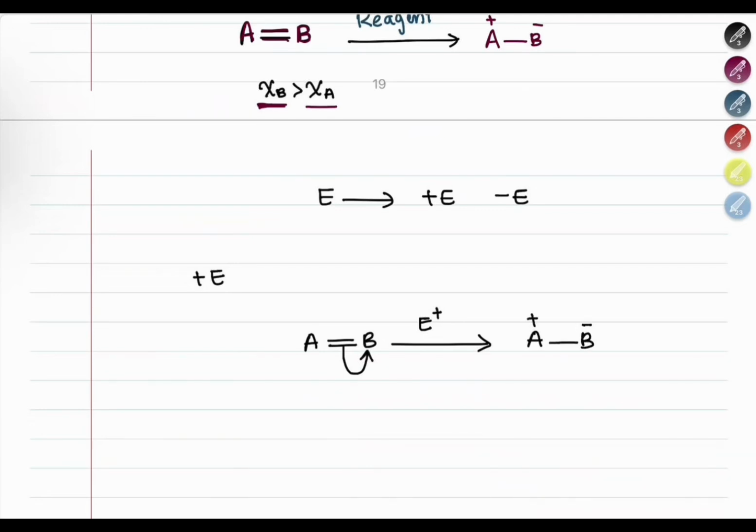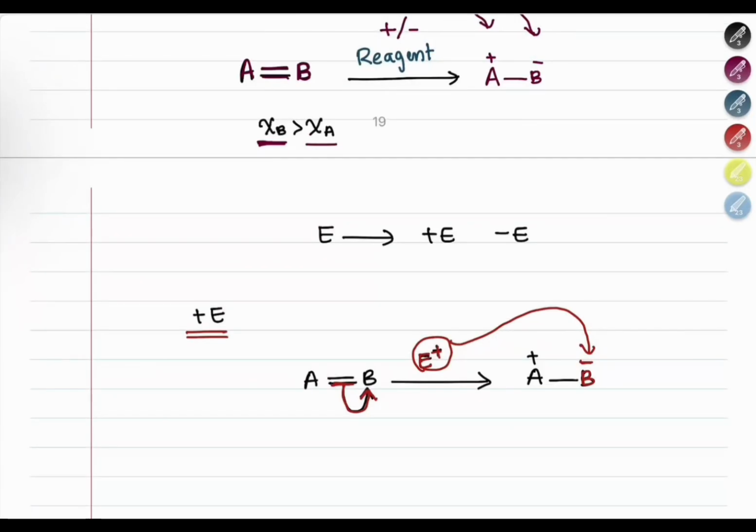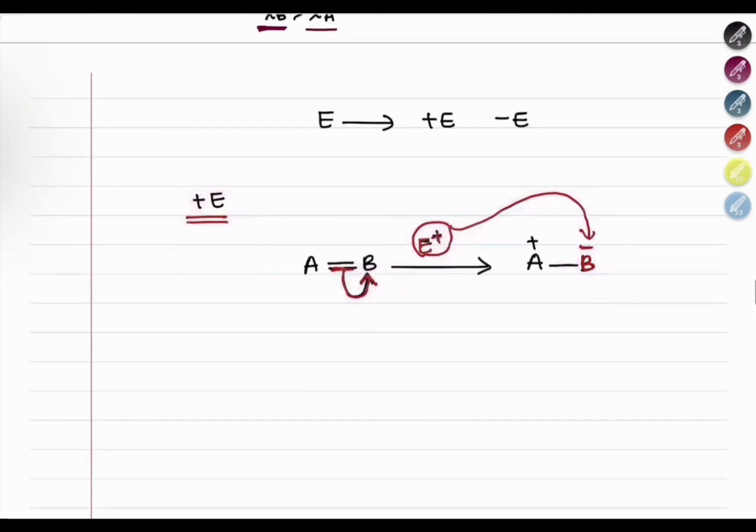In this case, the electrophile will attack B. Both the electron pair moves to atom B and the electrophile also attacks atom B. So if both the electron displacement and the attacking reagent go to the same atom in a double bond, it is called plus E effect.